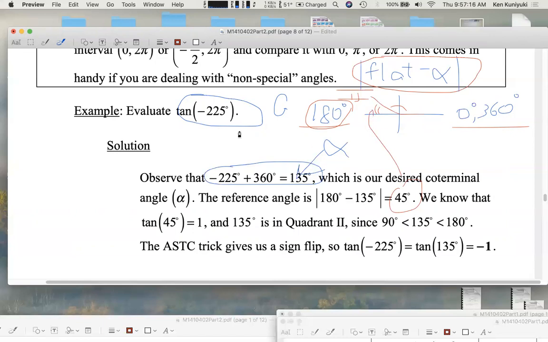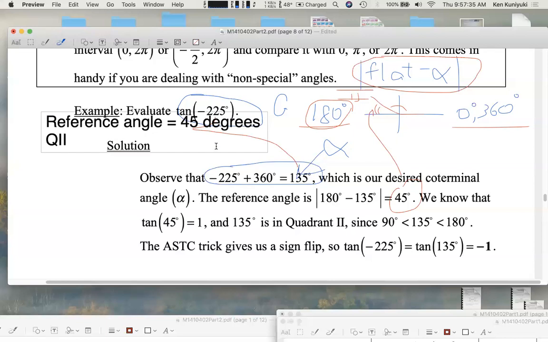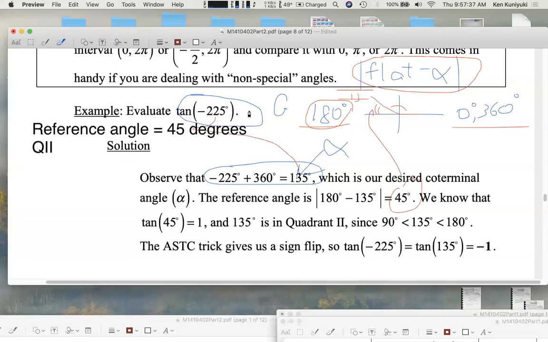So at this point, I know the key information for both of these angles. I know that the reference angle is going to be 45 degrees, and I know that we're in quadrant 2. That's true for both the negative 225 degree angle and the 135 degree angle. Now we're down to 45 degrees.